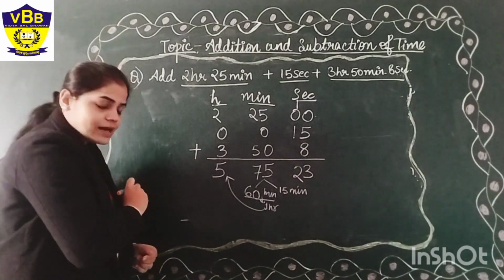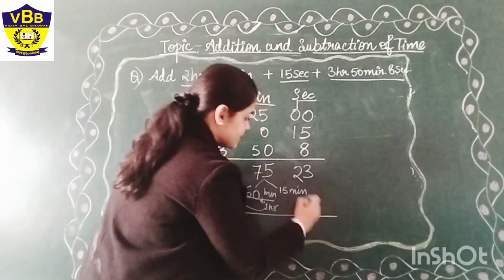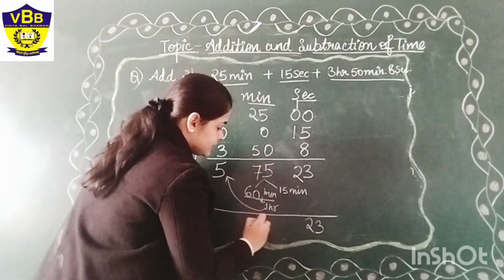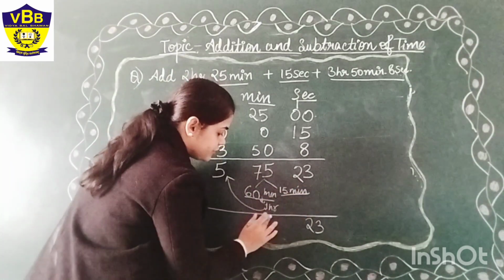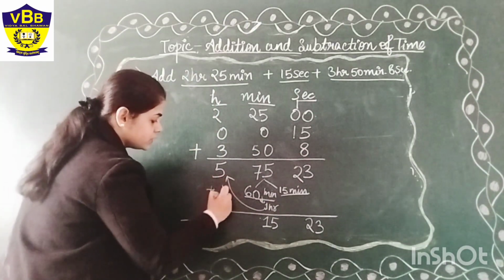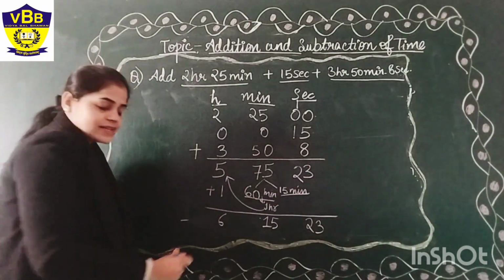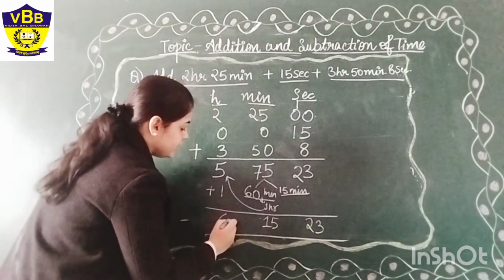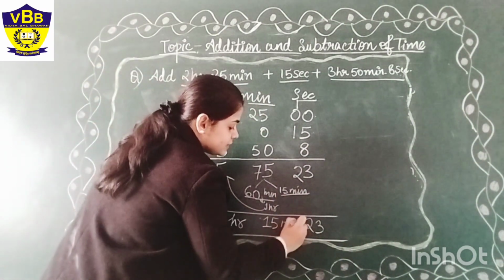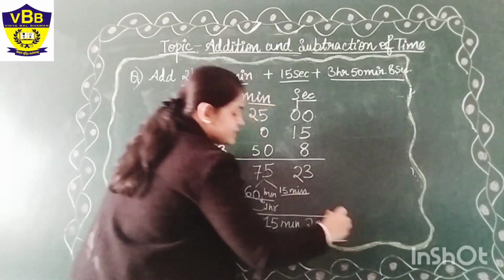So the seconds will be 23. 15 minutes remains here, and this one is carried forward, so it will become 6. So my final answer will be 6 hours, 15 minutes and 23 seconds.